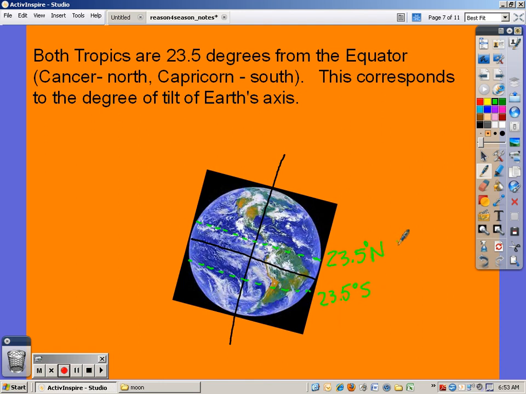This would be the Tropic of Cancer. This is the Tropic of Capricorn.